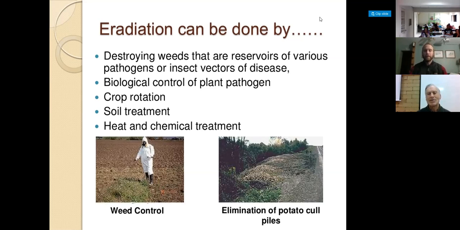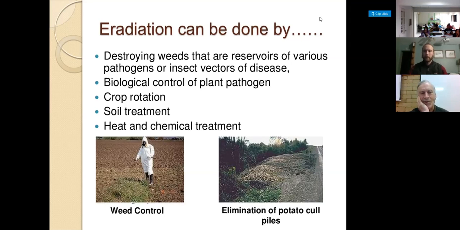Biological control of the plant pathogen, or it could be biological control of a vector, an insect vector. Biological control is a very interesting thing to me. It's using one organism to prevent another organism from causing a disease.